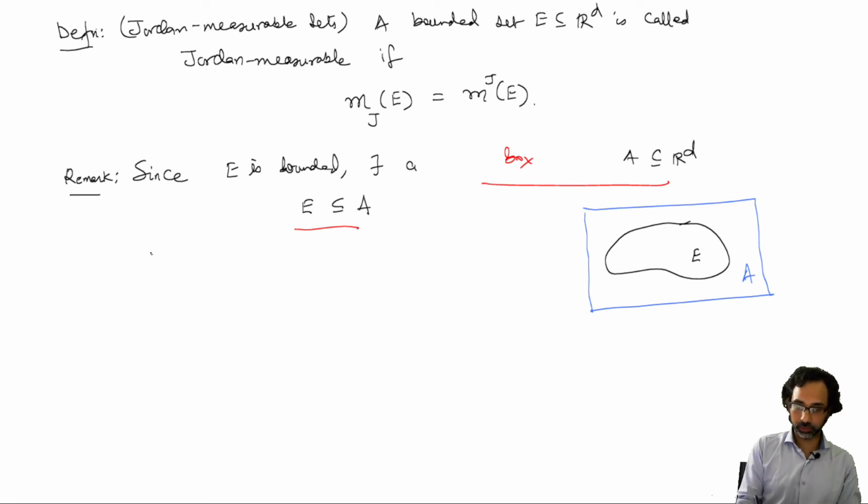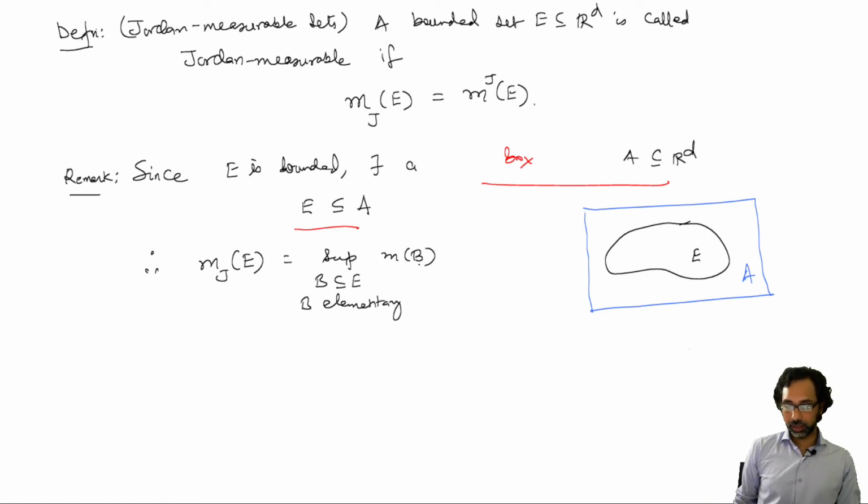Therefore, the inner Jordan measure, which is by definition the supremum of these sets B elementary of m of B. Now we know that here we have all these B's sitting inside E totally.